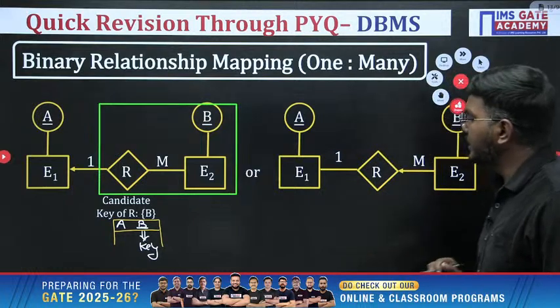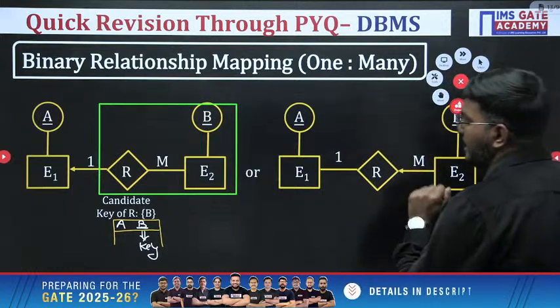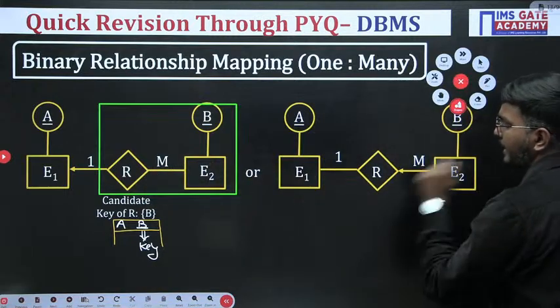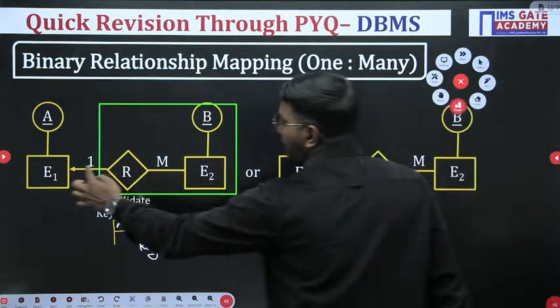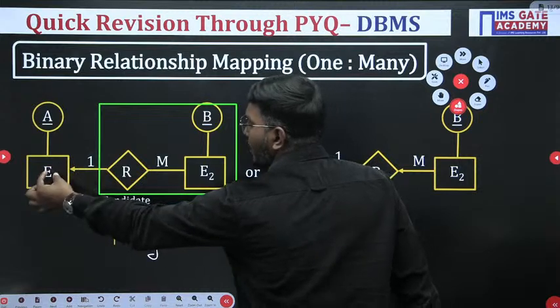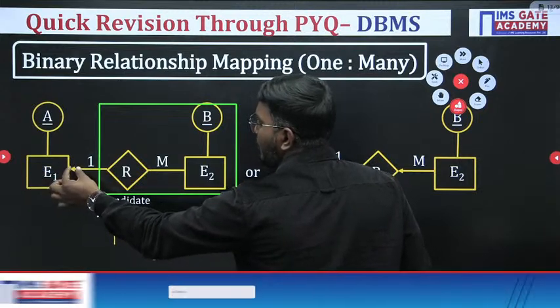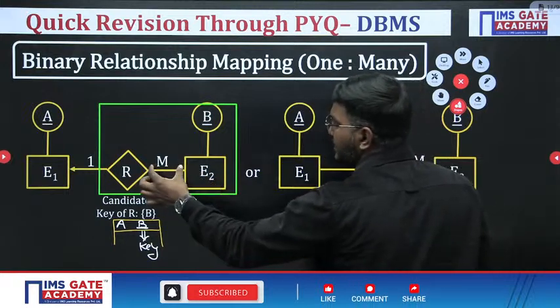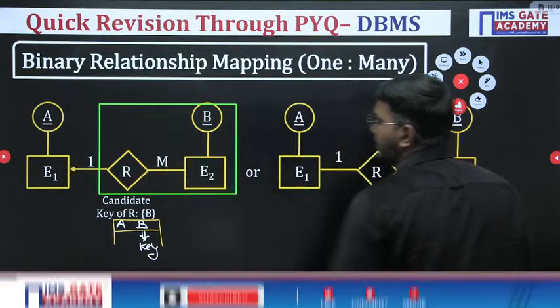Now in the examinations we may be given a different representation, like here. This arrow represents that towards the E1 side we have one participation, and if there is no arrow, then towards the E2 side we have many participation.